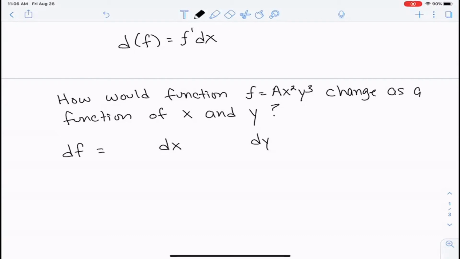And the way that you do this, and you take the total derivative of this function f, is that you can consider how they each change independently of one another. So we can say that df is actually equal to something called the partial derivative of f with respect to x at constant y, and that's what that little subscript at the bottom means, plus the partial derivative with respect to y of that function at constant x.